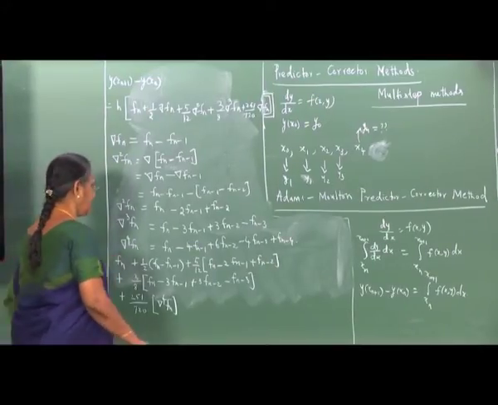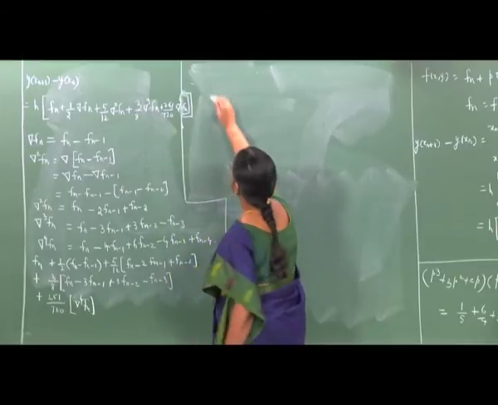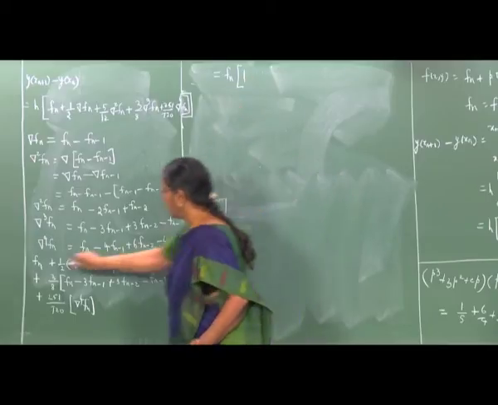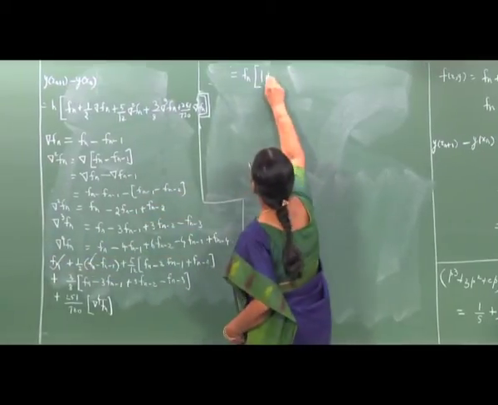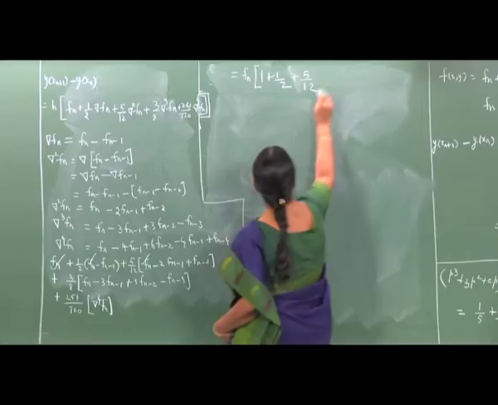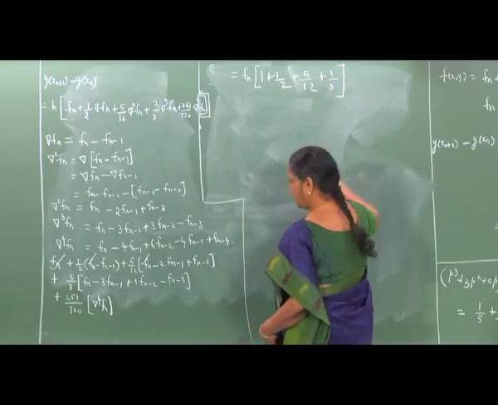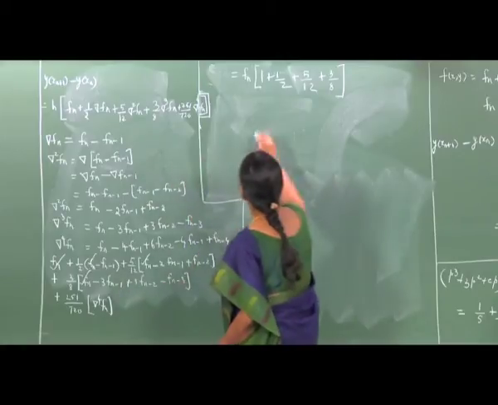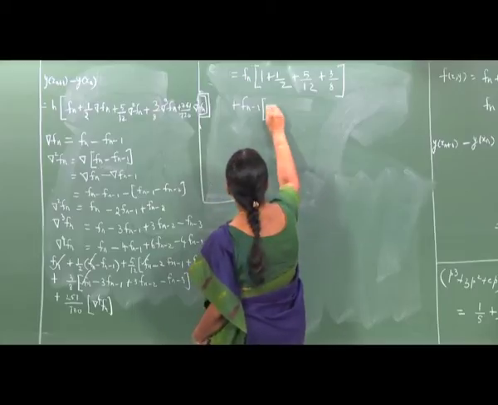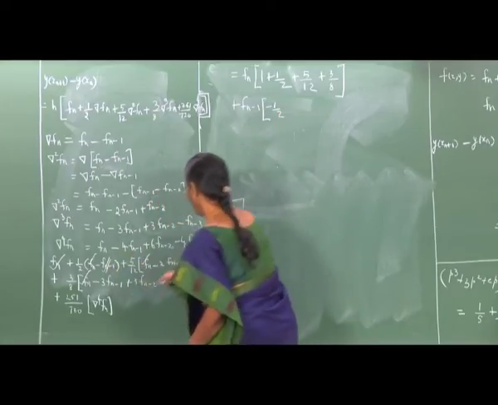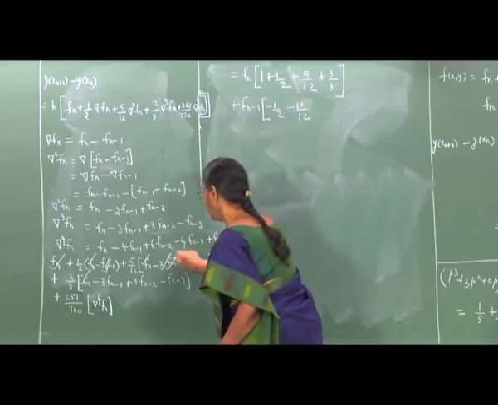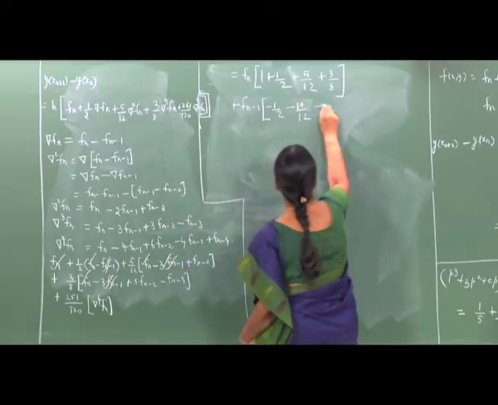Let us simplify these terms. I shall collect the terms involving Fn. The first term has coefficient 1, then we have half, 5 by 12, then 3 by 8. That is the coefficient of Fn. And then the next term is Fn minus 1, minus half, which comes from this, then minus 10 by 12 from this term, then minus 9 by 8.